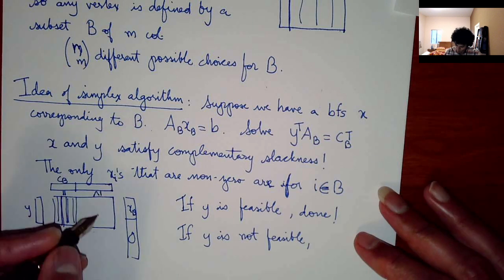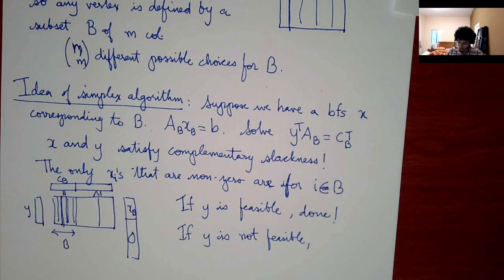Right? So essentially the constraints of the dual correspond to columns.